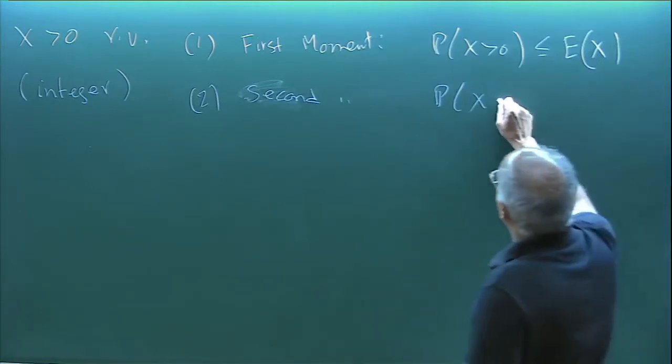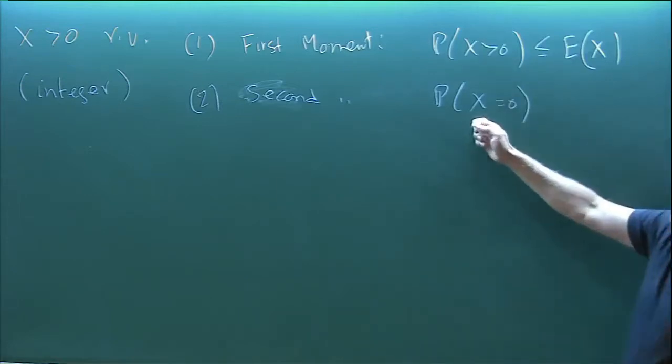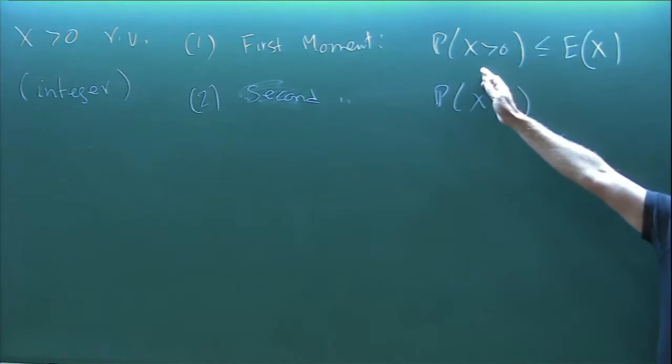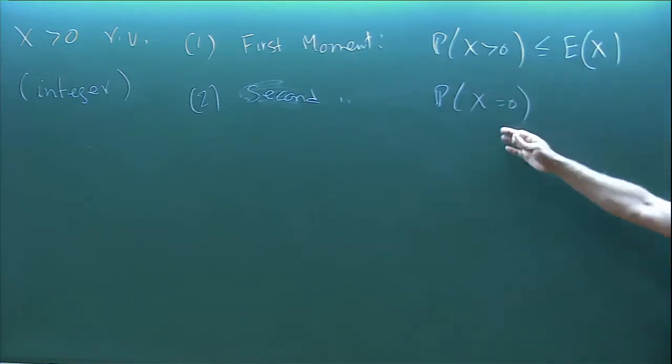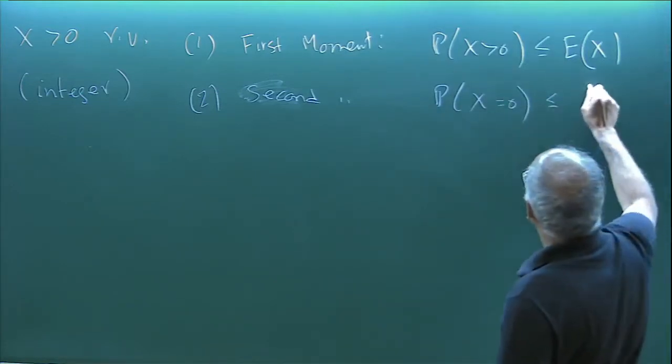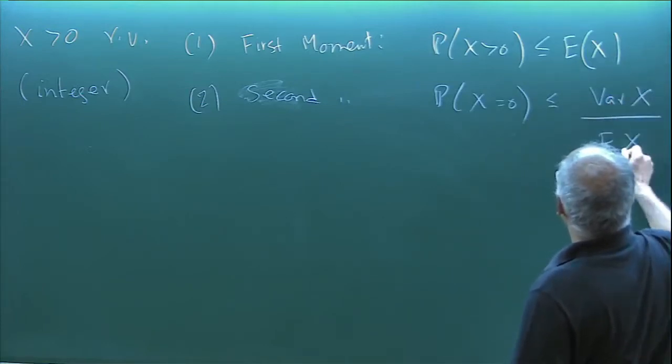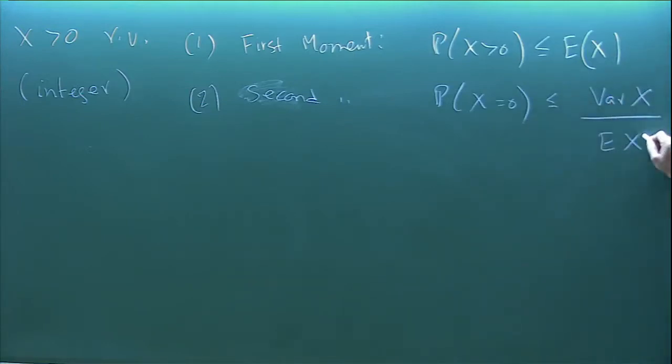So the second moment says, if you can show the probability X is 0 goes to 0, which is the same as showing the probability X positive goes to 1, and this you can hope to show by Chebyshev, a simple inequality. You can put the square here or outside. Both versions are true.